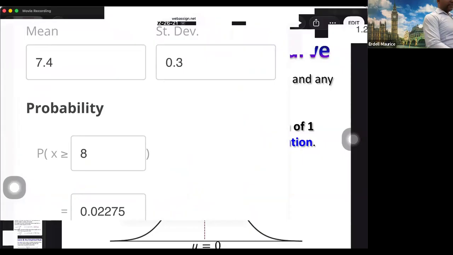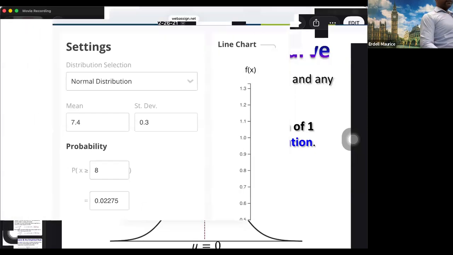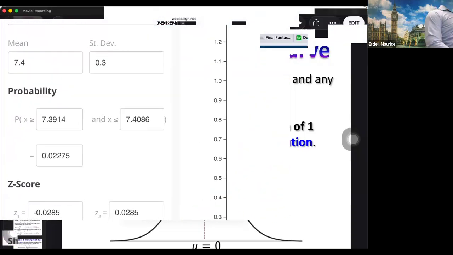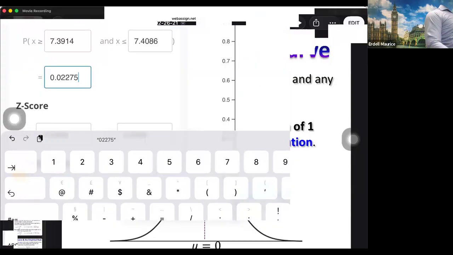Look at the probability that it's giving me right here. Is this 2.5? Is it even close to 2.5? No. And the reason is that with the empirical rule, they rounded the numbers a lot. It's not 68%. I can show you the exact value. So if I hit between and I plug in the values for two standard deviations, I put in -2.